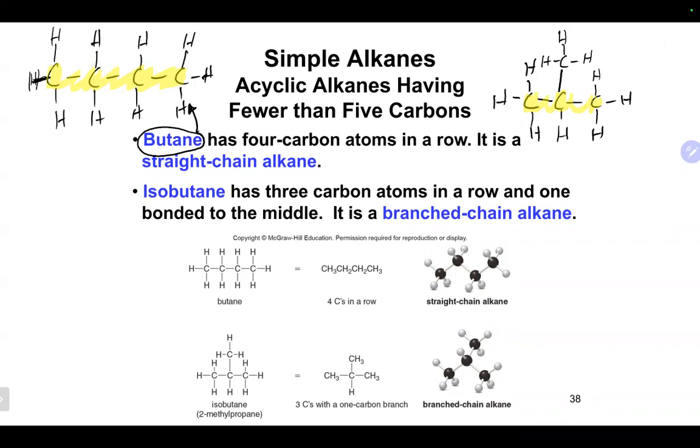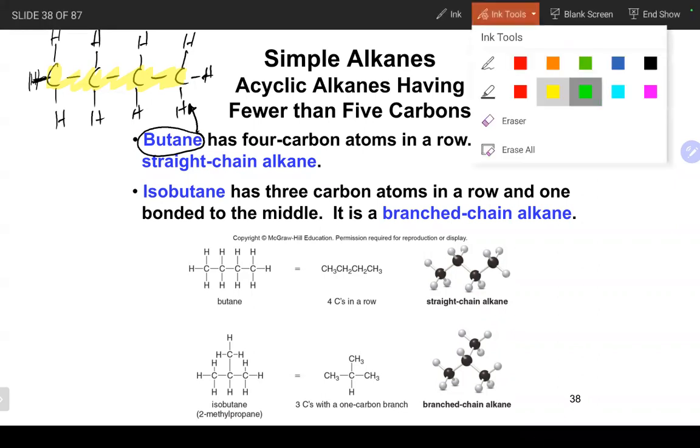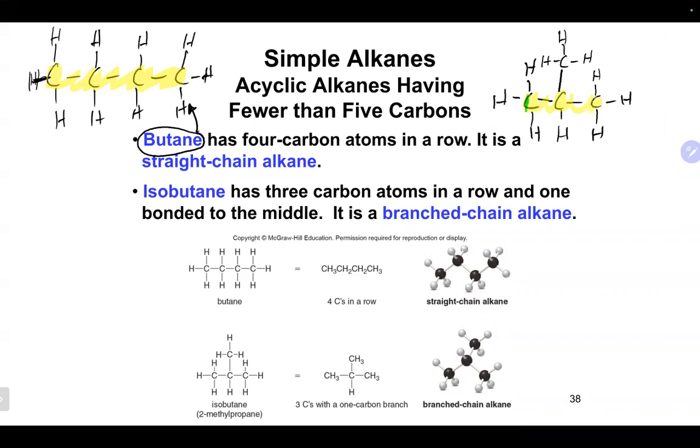We could also, if we wanted to, go straight and then go up, which would give us 3 as well. So this is what I was saying before. There are sometimes multiple ways you could go, and you'll end up with the same number that's the longest.